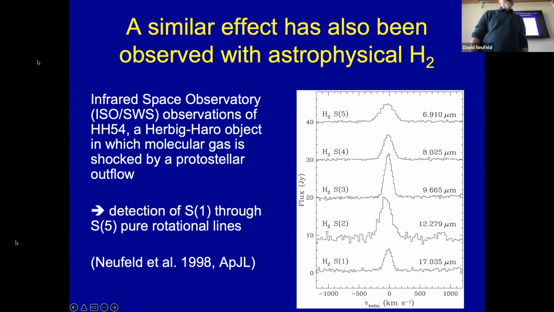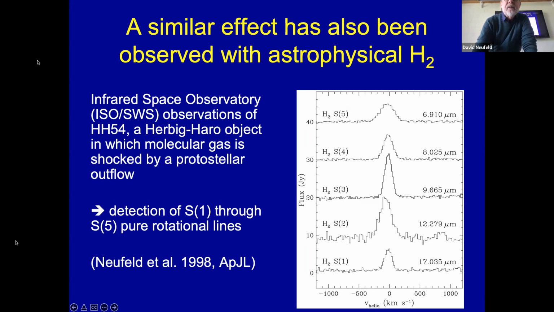And we did this with the Infrared Space Observatory that operated in the 1990s. And we observed a particular source, HH54. It's a class of object astronomers call Herbig-Haro objects, where a jet from a protostar collides with surrounding gas and gives a shock front.